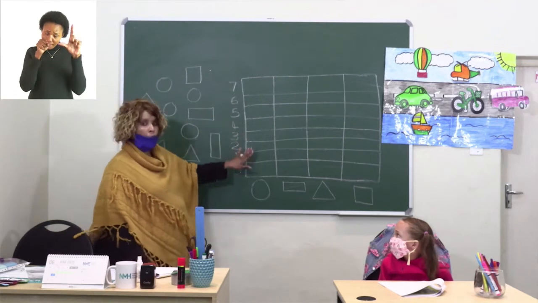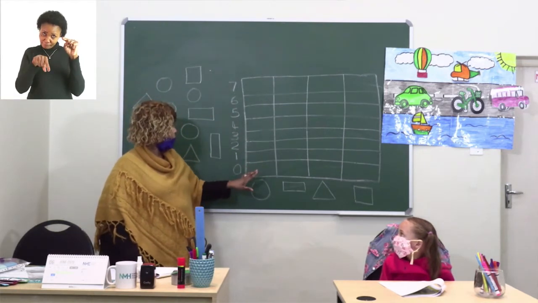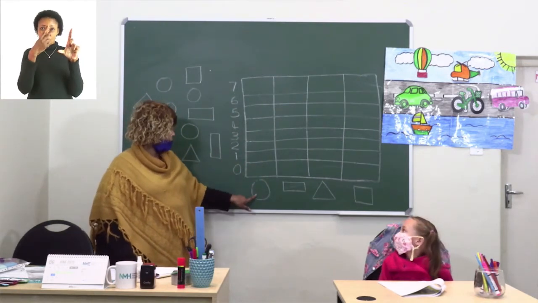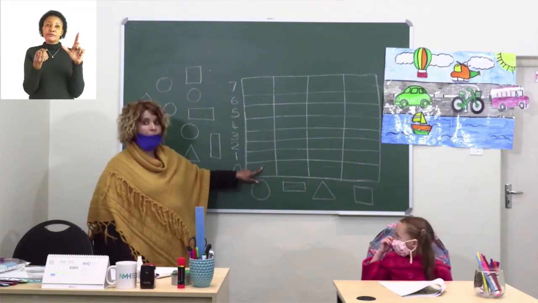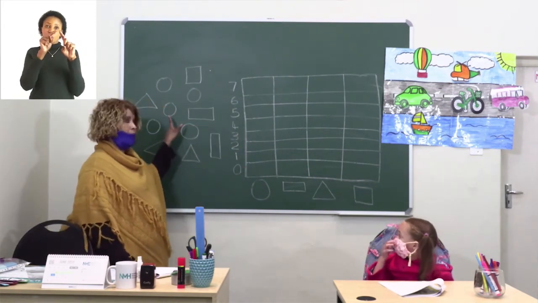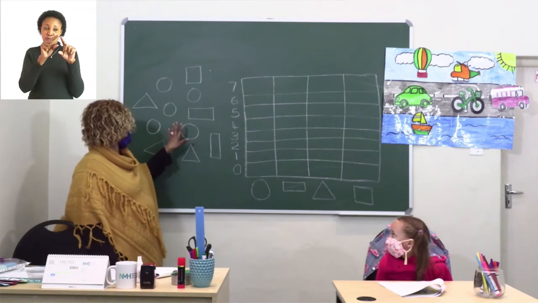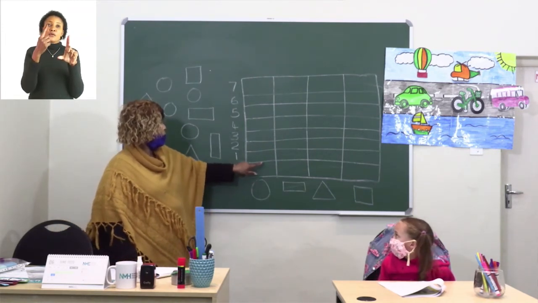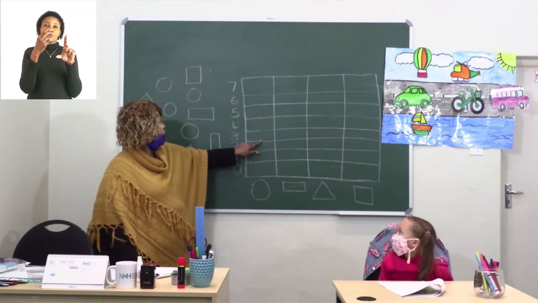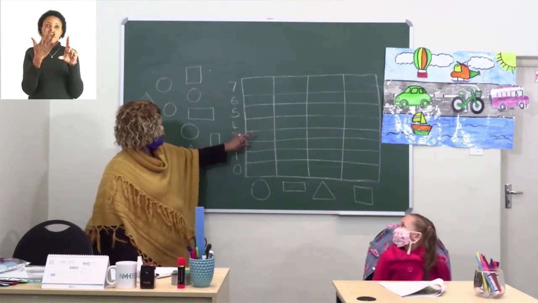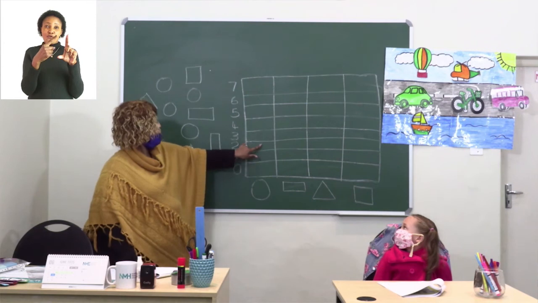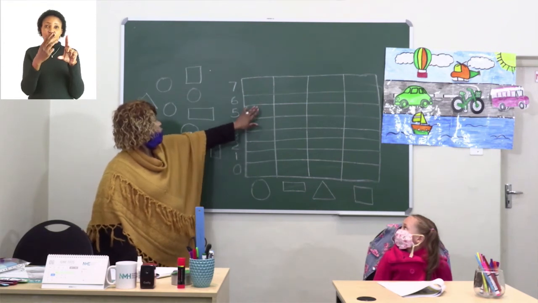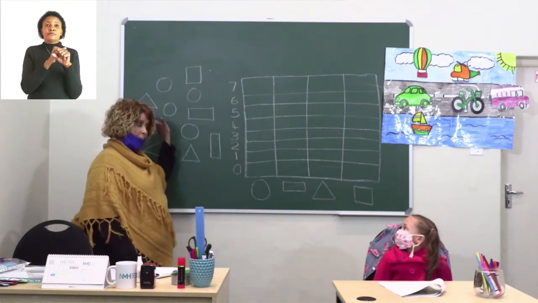So you go to your graph. This is your graph. You find the shape. It's a circle. You count the blocks now, because we have counted the circles here and there are 5 circles. Now we're going to count the blocks. 0, 1, 2, 3, 4, 5, because there are 5 circles.